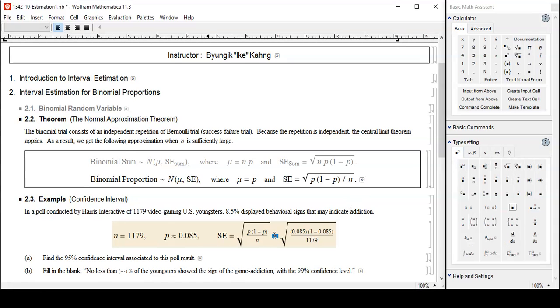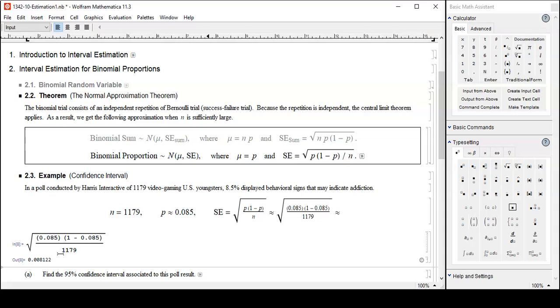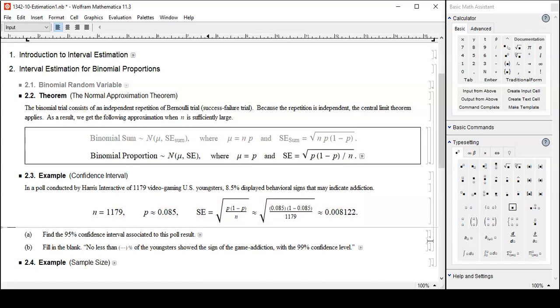And if I calculate that using a calculator, which I'm doing right now, oh yeah, that's what you're supposed to get. Okay, you have all those numbers.